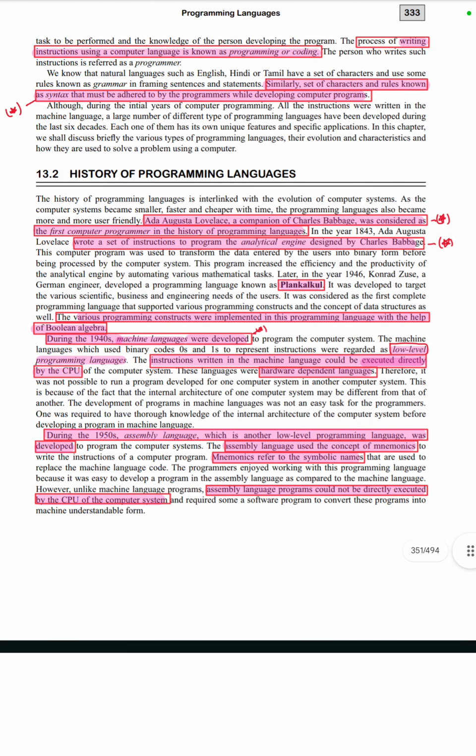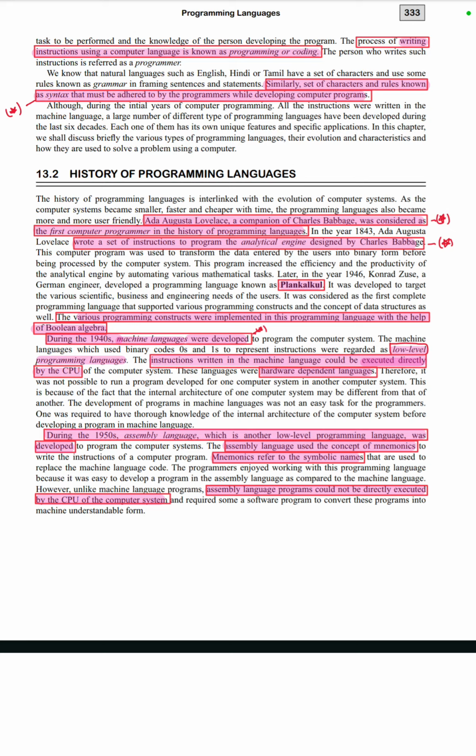The various programming constructs were implemented in this programming language with the help of Boolean algebra.